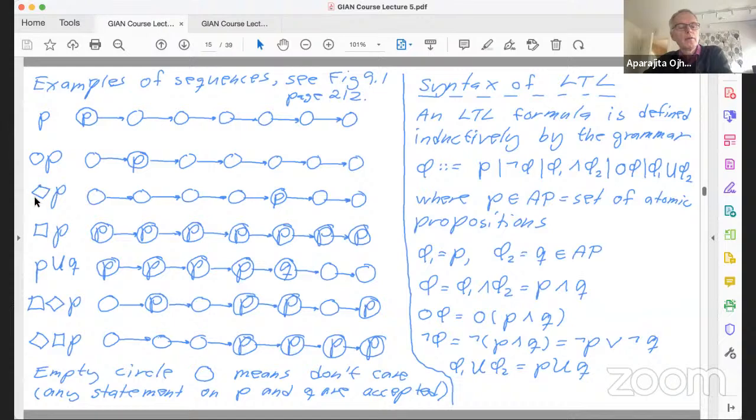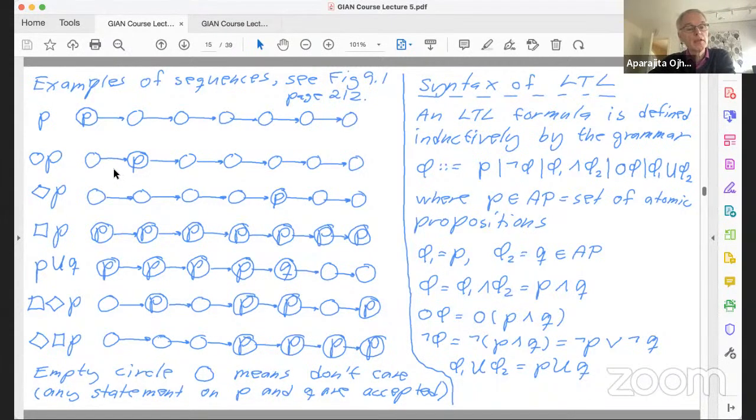And the other typical specification is that sometime in the future, eventually P will be valid. And that means that at some state you have at least one P, and after that you don't care. And also before this, you don't have any specific limitations on what could be the situation or what kind of properties are satisfied then.